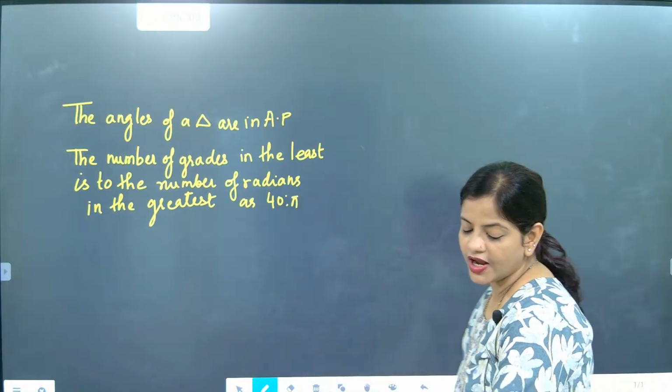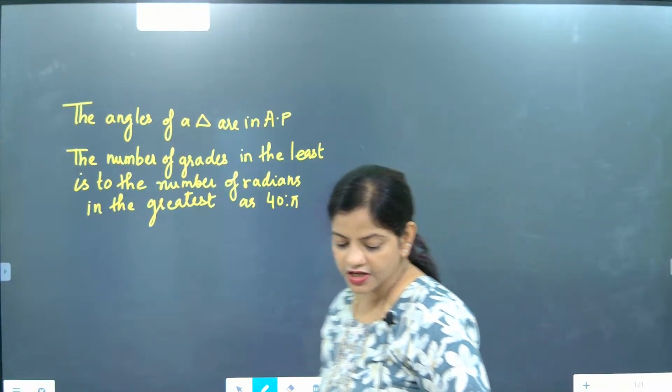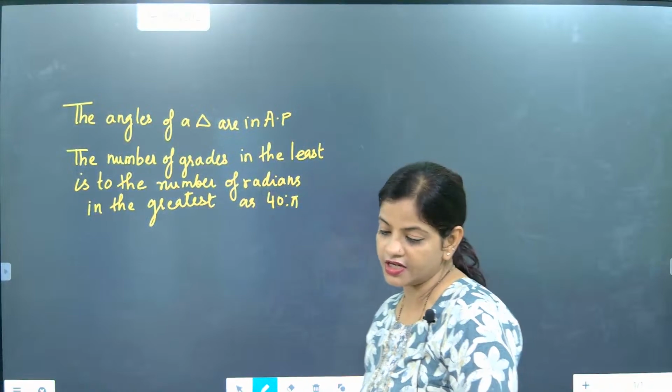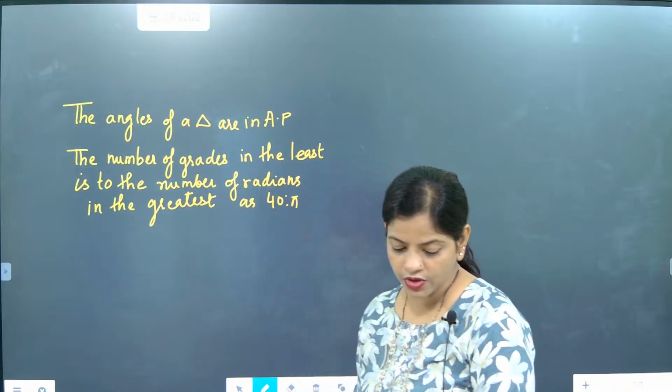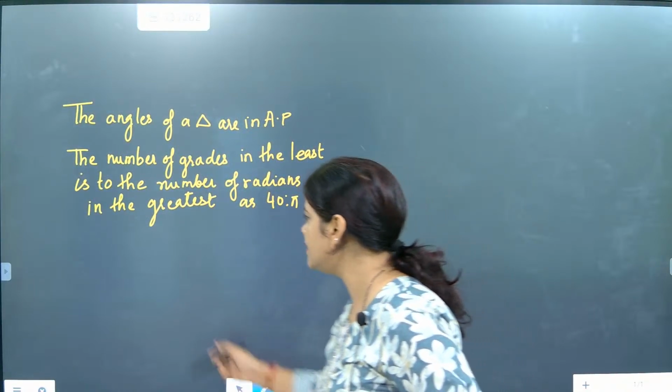Okay, the angles of a triangle are in AP. The number of grades in the least is to the number of radians in the greatest as 40 is to 5. Now find the angles in degree.